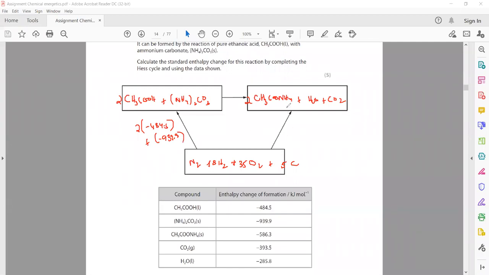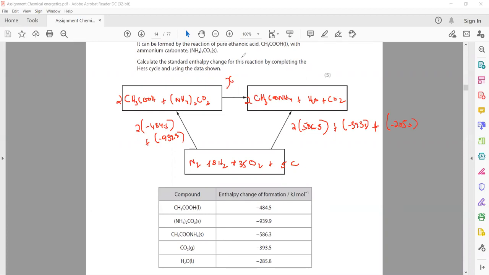Then here two molecules of ammonium ethanoate are produced, so this should be 2 multiplied by 586.3, plus one molecule of carbon dioxide is produced, that is minus 393.5, and plus one molecule of water is produced, that is minus 285.8, and this is what we want to find, the unknown.